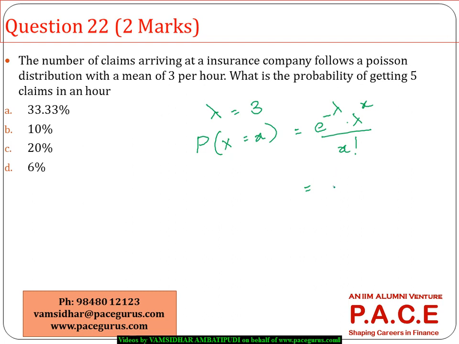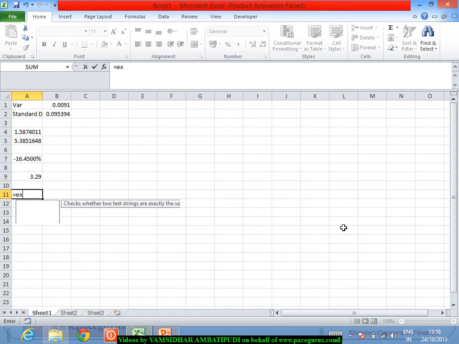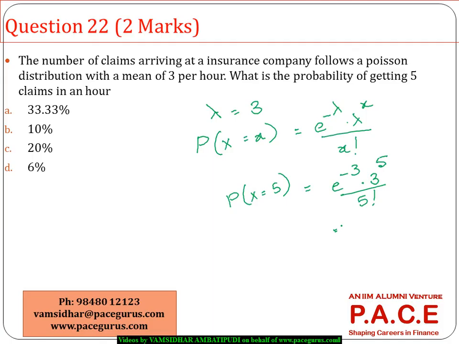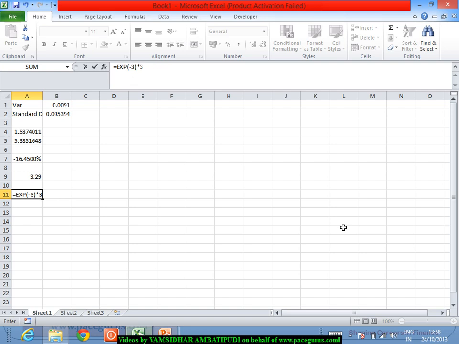So just substituting the numbers again here, e power minus 3 into 3 power 5, probability of getting x equal to 5, divided by 5 factorial. So probably a simplification of this will serve the purpose. So let's simplify it. E power minus 3 into 3 power 5 divided by 5 factorial. 5 factorial is 120.